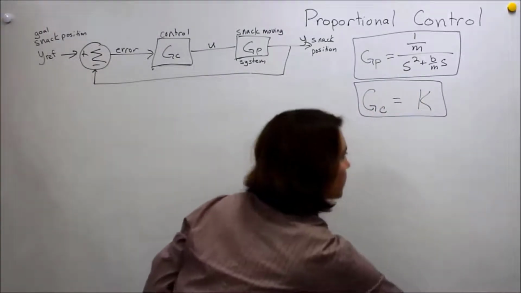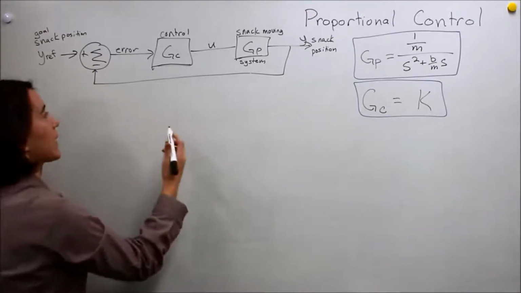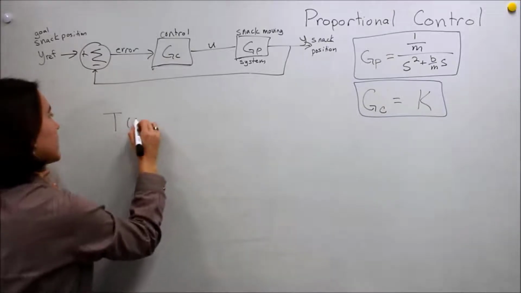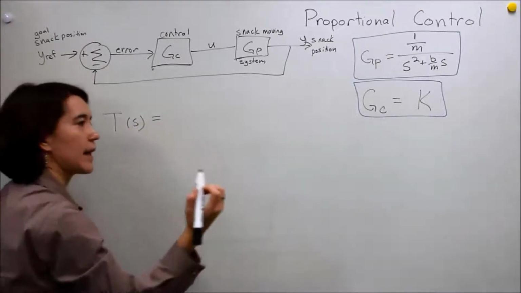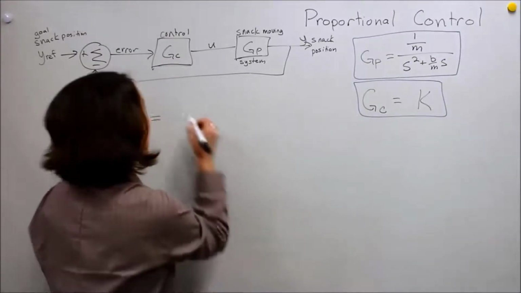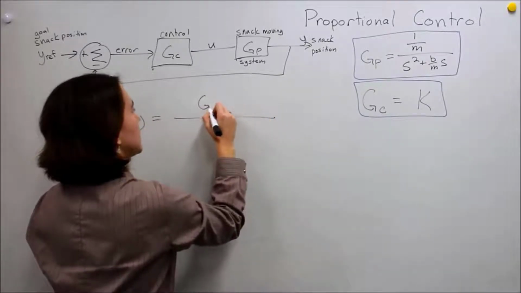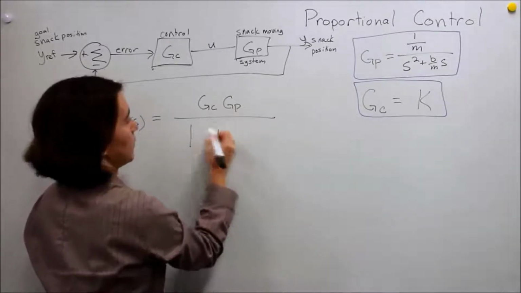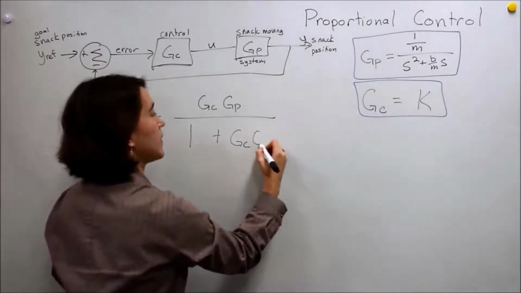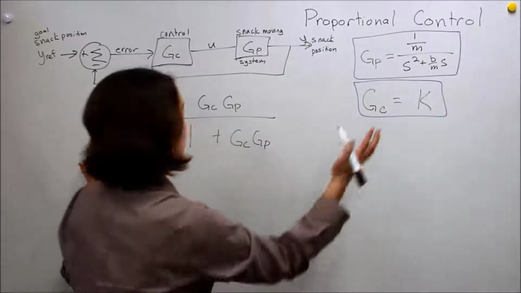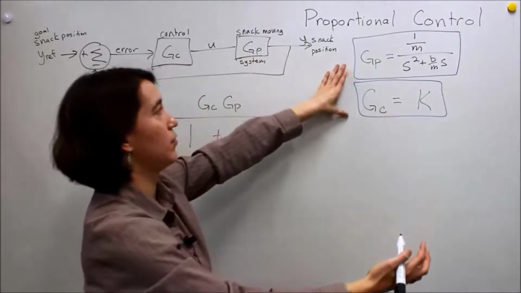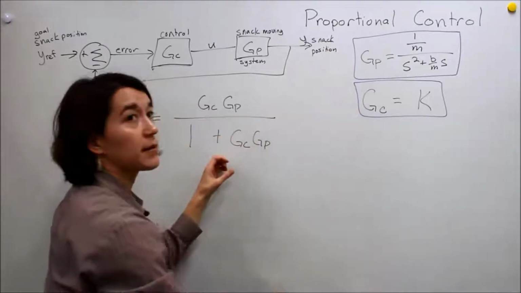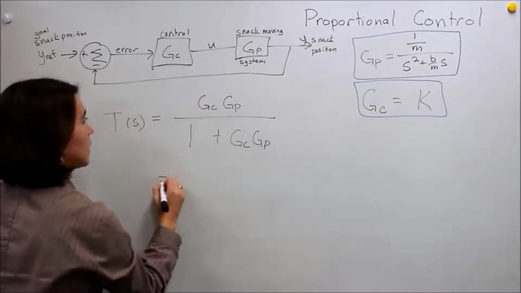Remember from our previous video, for a closed loop feedback system, our total system, T of S, has a total transfer function equal to GC times GP over 1 plus GC times GP. So let's take our two values, our transfer function for the plant and the controller, plug them in here and see what we get.